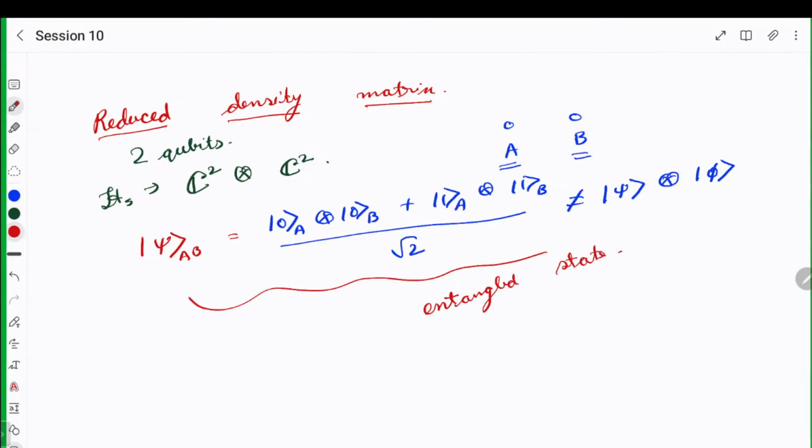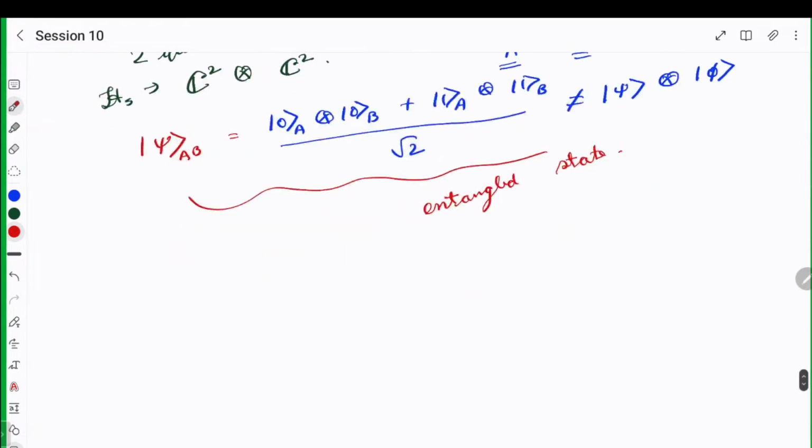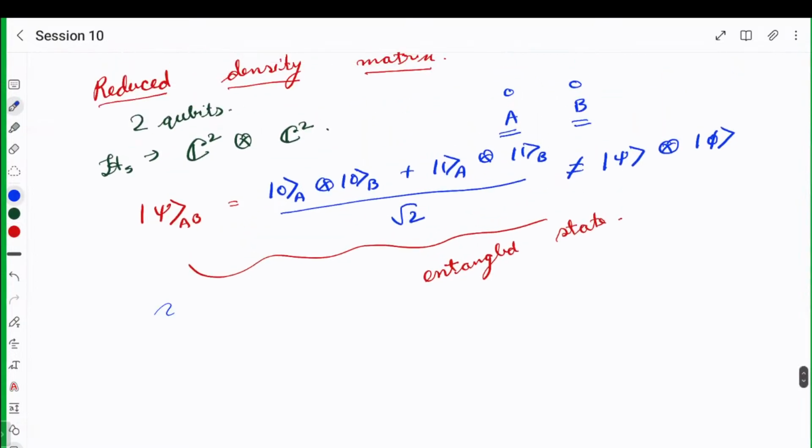Now, let's ask the question: what is the state of qubit A?